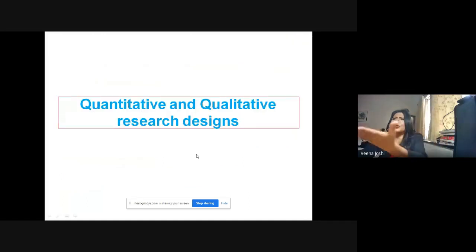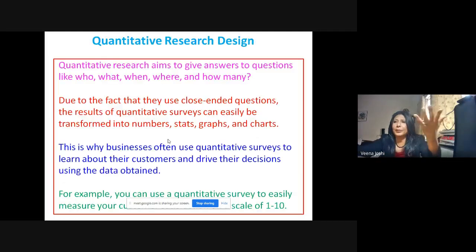So now look, quantitative and qualitative, there are so many names. But I have said everything from my side. For example, look, quantitative research design. Like, for example, Amazon or eBay.